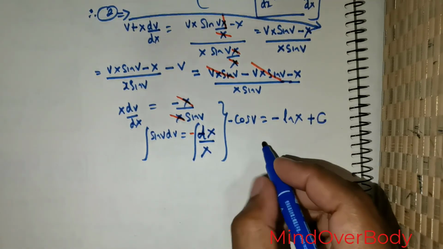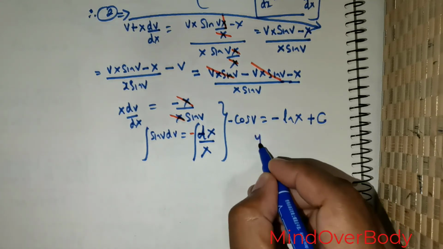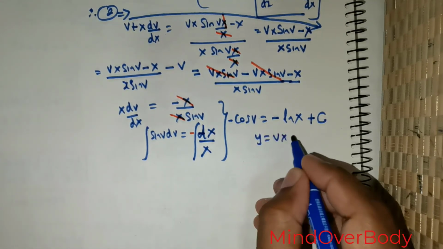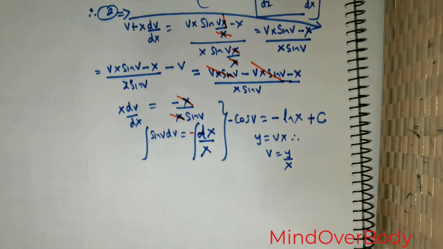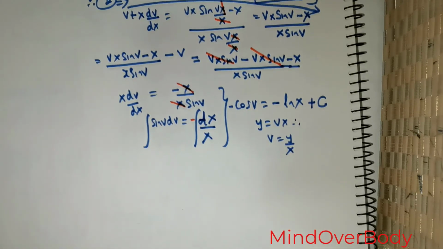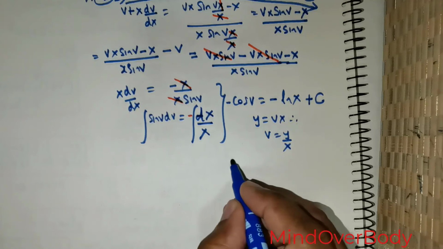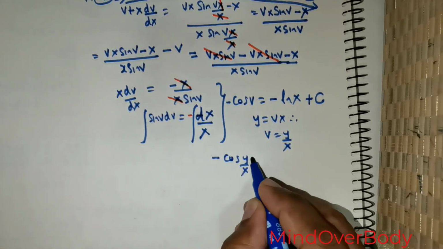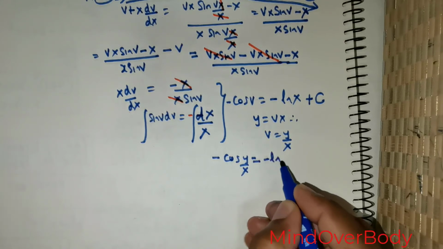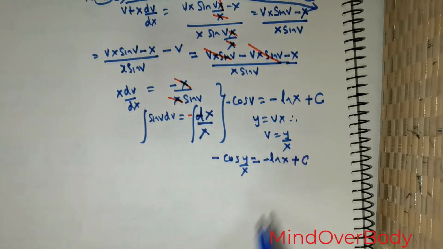Now I can rewrite. I know that y is equal to v times x. So therefore v is equal to y over x. So what I can do is I can substitute that term y over x over here, and if I were to do that, I would get negative cos of y over x is equal to negative ln x positive arbitrary constant.